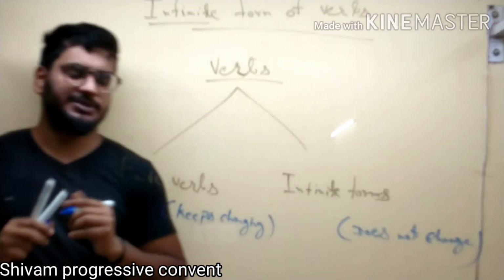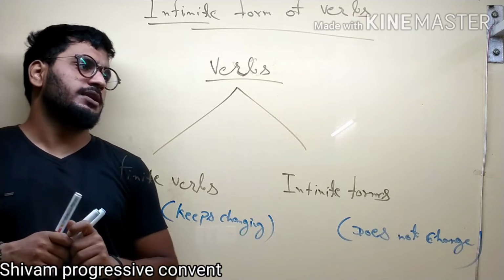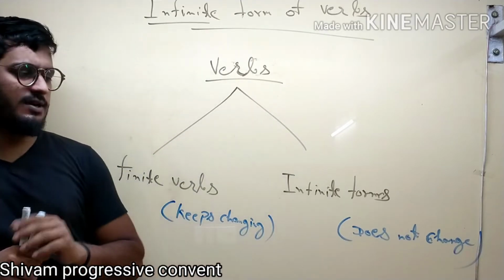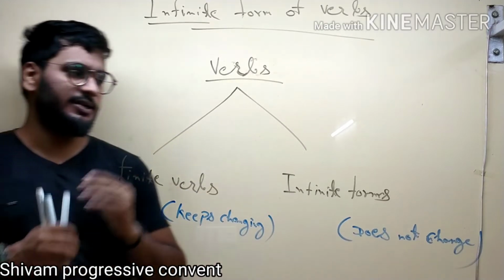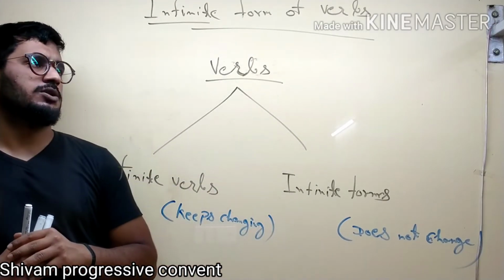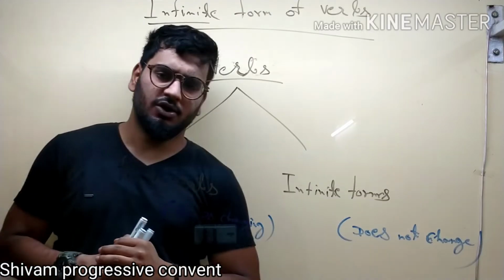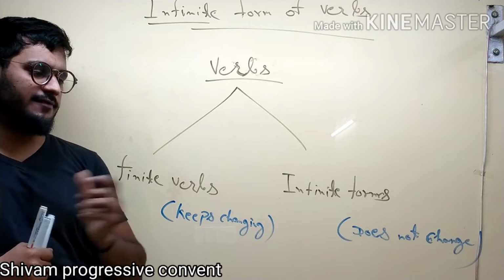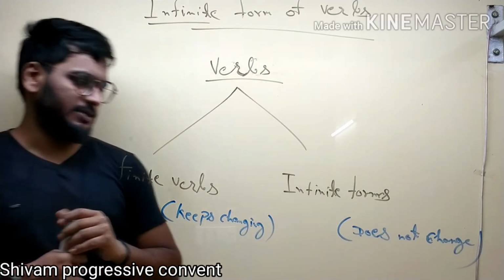So this is a simple trick to recognize finite and infinite forms of verbs. Now I will deal with the definition of finite and infinite form with examples so that it will be more clear to you. So first of all, note this heading, then moving on to the definition of finite form and then infinite form and their examples.